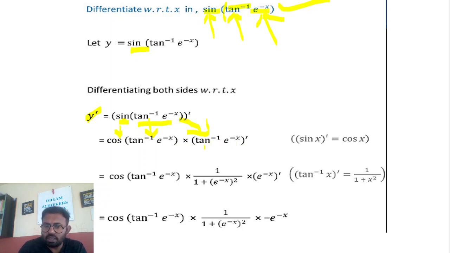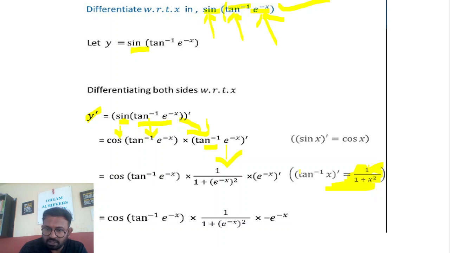I should be knowing tan inverse x differentiation. I have written here, tan inverse x differentiation is 1 by 1 plus x square. So I should write it in the same form.